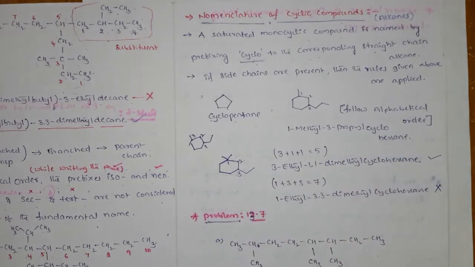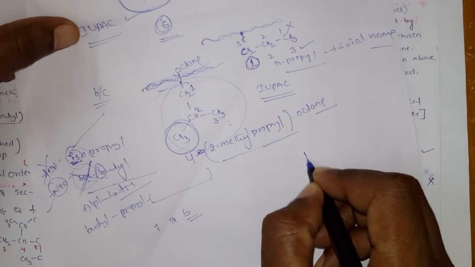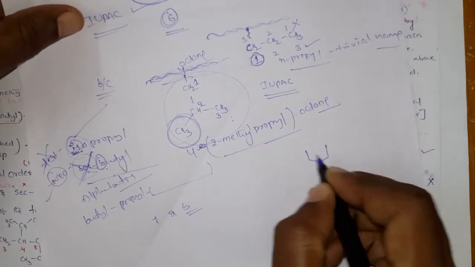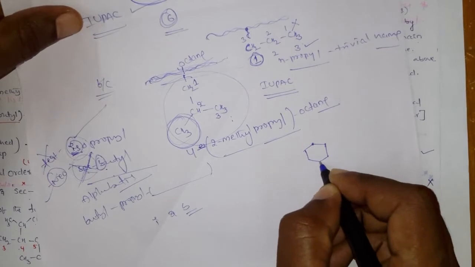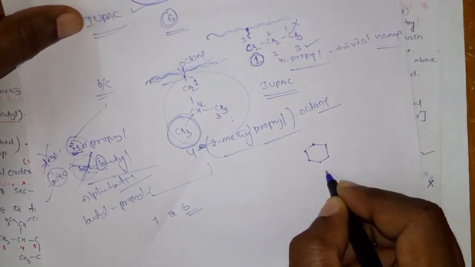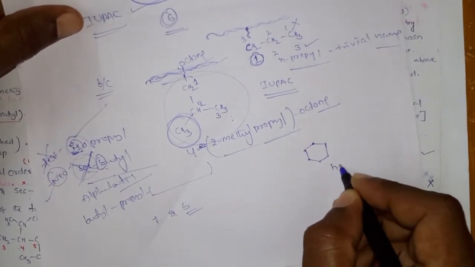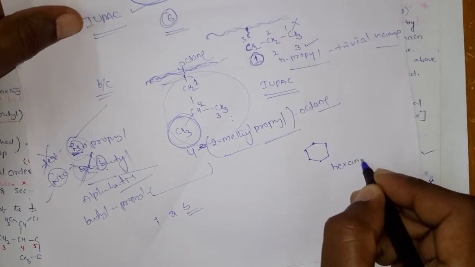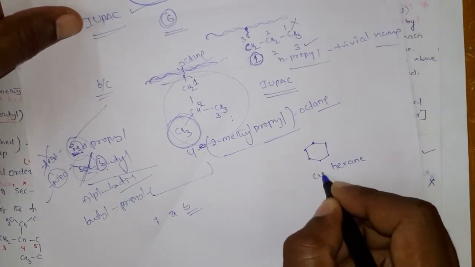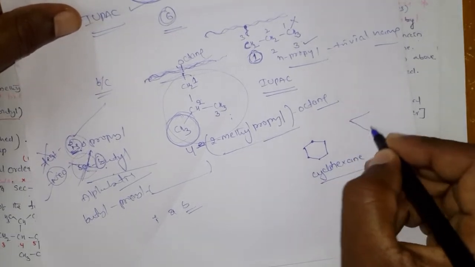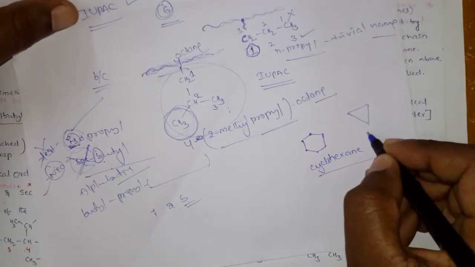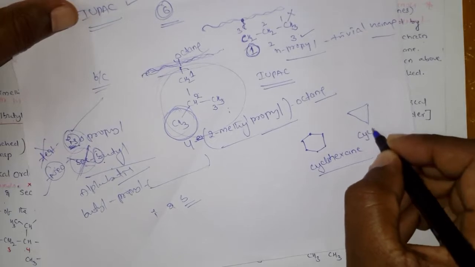If suppose six carbons are there, one, second, third, fourth, fifth, sixth, it is nothing but hexane, and in cyclic form you write cyclohexane. If three carbons are there, it would be propane, so you write cyclopropane.